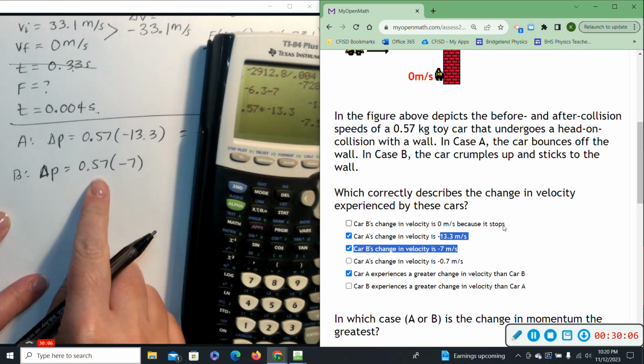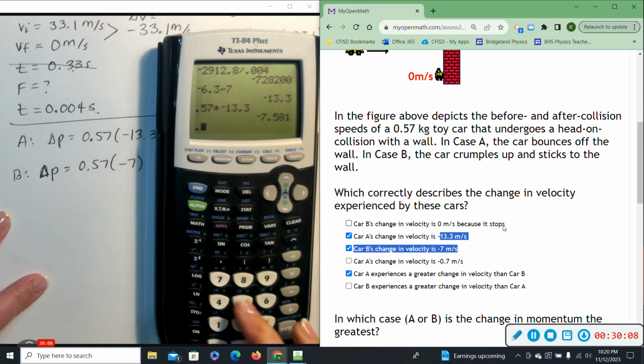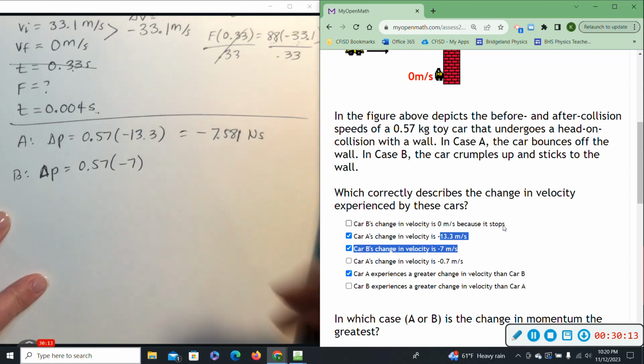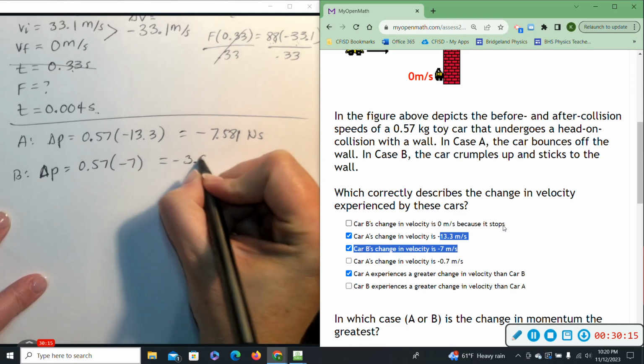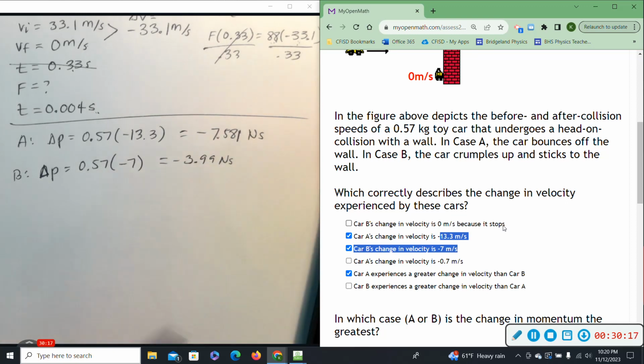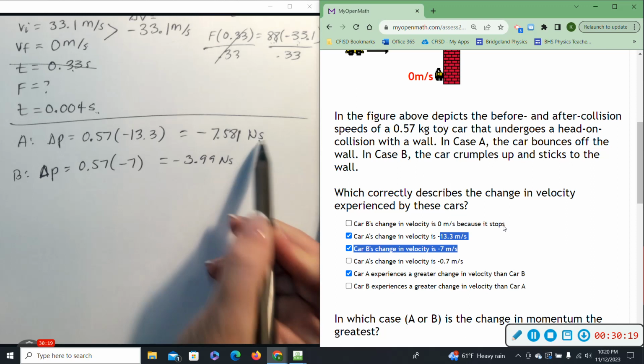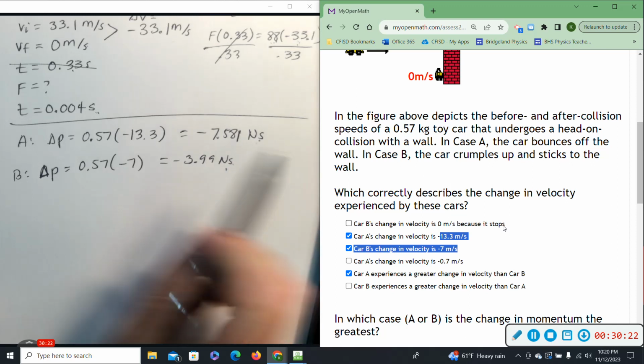With this one, 0.57 times negative 7, we get negative 3.99. So again, bouncing, sticking, bouncing or staying.